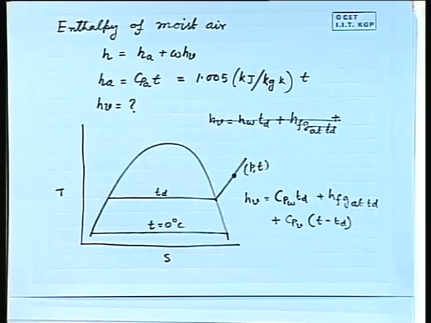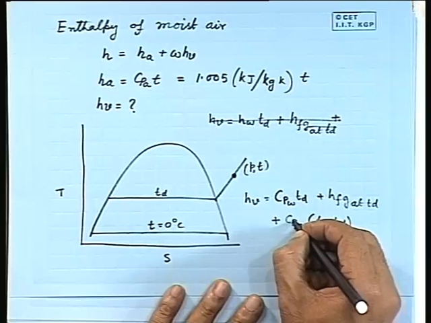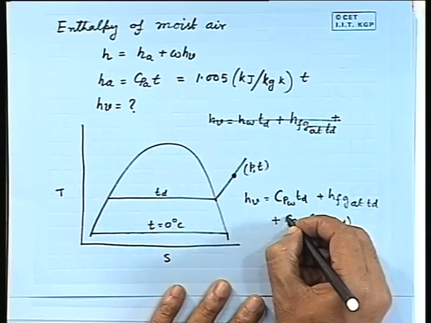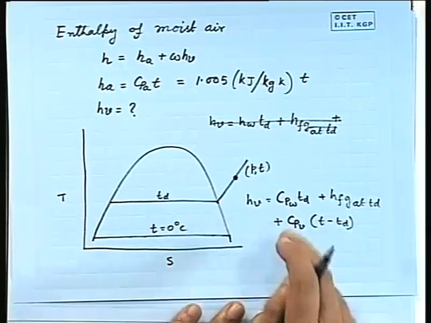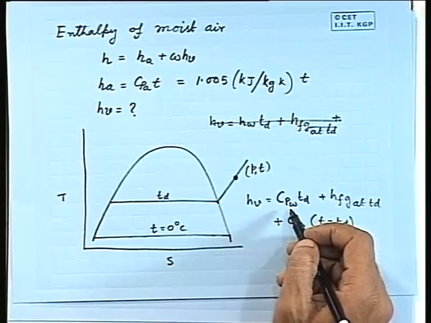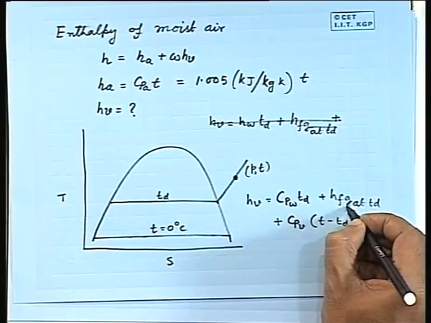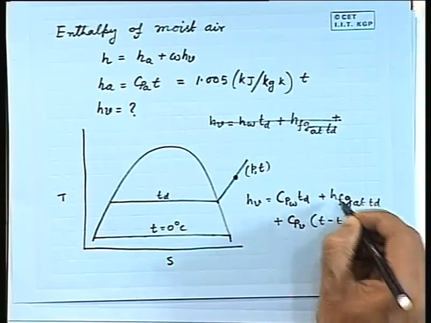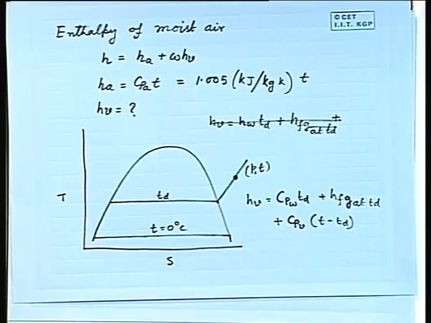Okay. So, how many different constants do I have to use? I have to use the specific heat of water, I have to use the latent heat of water, which is again dependent on temperature, and I have to use the specific heat of vapor.